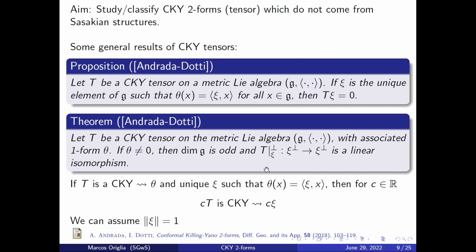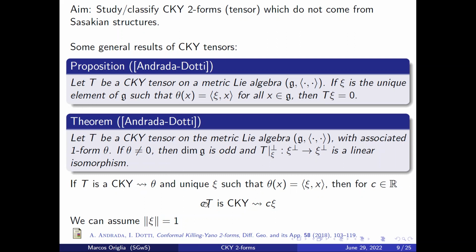So if we restrict T to the orthogonal complement of this special vector, it's a linear isomorphism. So this is an obstruction on the dimension of the Lie algebra. In our case, we are interested in examples with theta different from 0. So that's why 5 is the first interesting case.